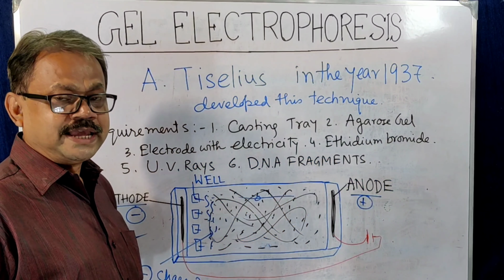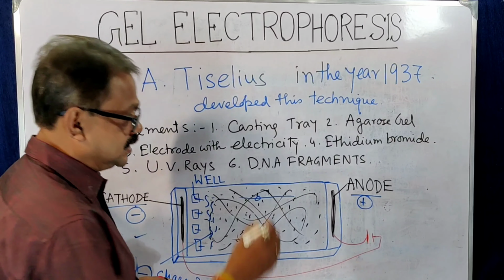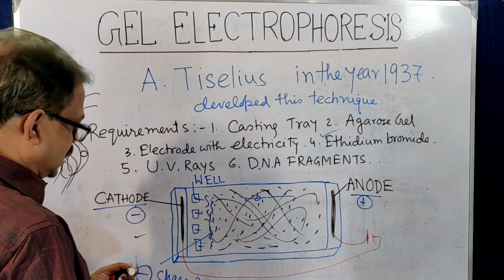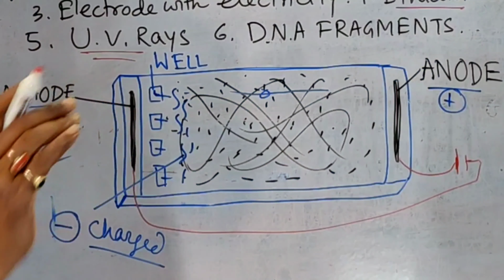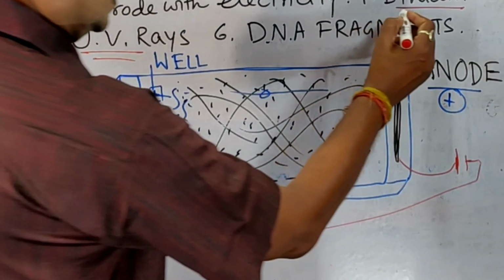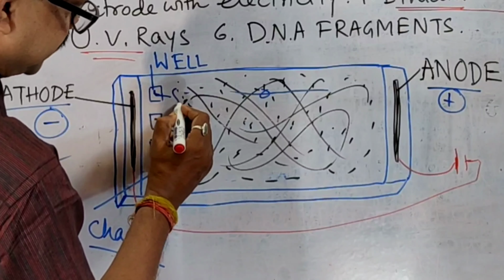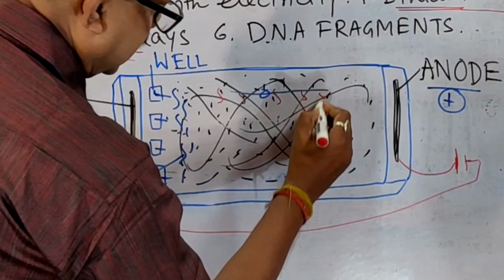And as we cannot see the DNA fragments easily, we have to give one stain, that is ethidium bromide, and after that ultraviolet rays should be applied. To see the movement of the DNA particles clearly, we apply ethidium bromide and ultraviolet rays, so these particles of DNA will become orange in color.